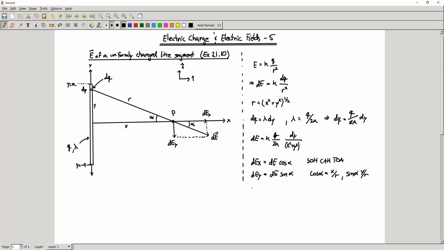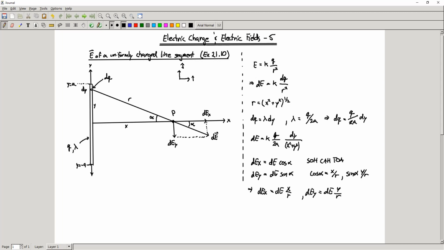And so what is this telling us? This is telling us that we can write dEx as dE x over r, and dEy is simply going to be dE y over r.